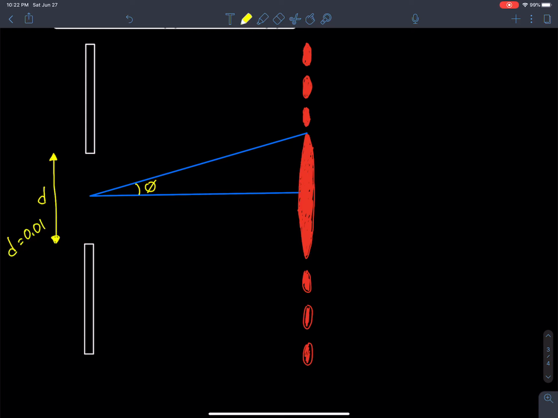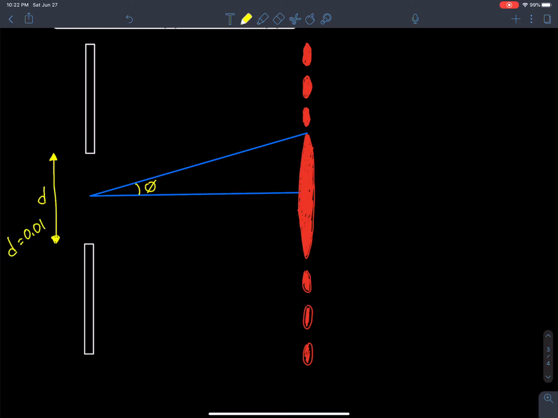So if I take x, my half width, opposite over adjacent, that's going to be equal to tan theta. Okay, so tan minus 1 of x over D is going to give me my angle of diffraction. So that's my angle of diffraction that we use for the formula.